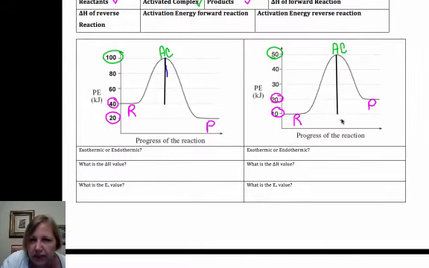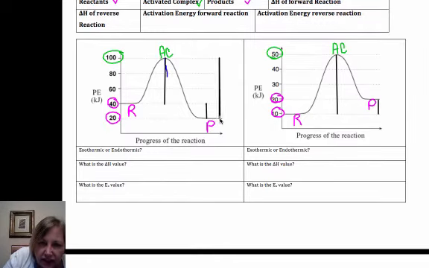I'll label these in a minute. Let me go ahead and draw the lines in. This is my enthalpy there. My difference between product and reactant is enthalpy. And just to keep it a little neater, in the reverse direction, this would be my activation energy in my reverse direction. Okay.